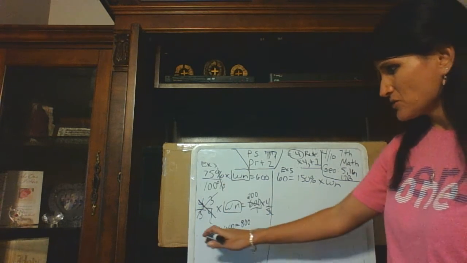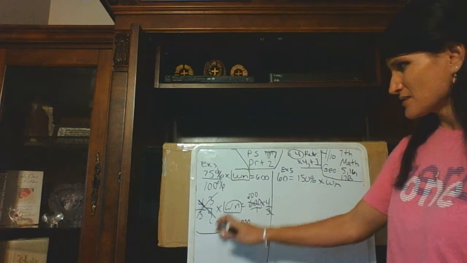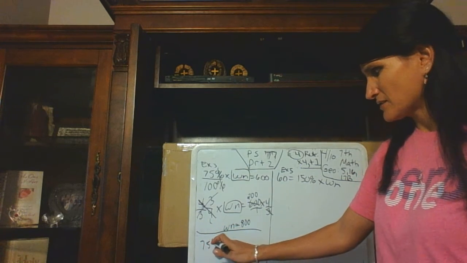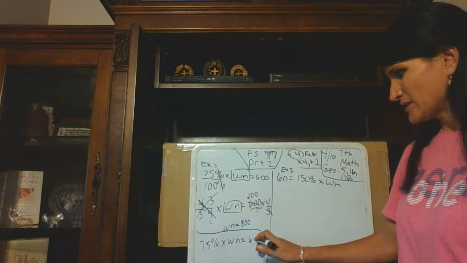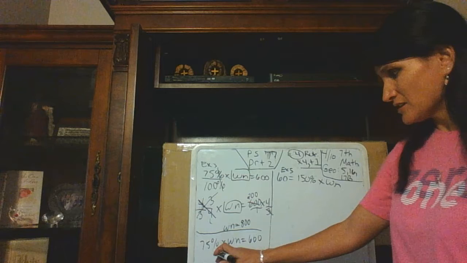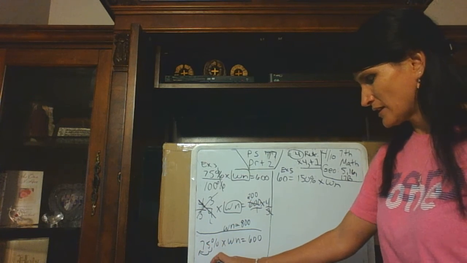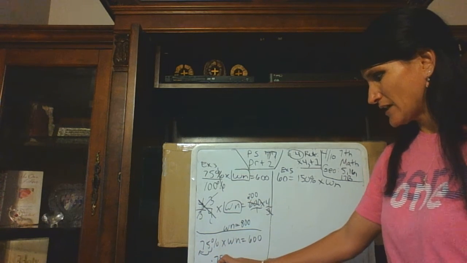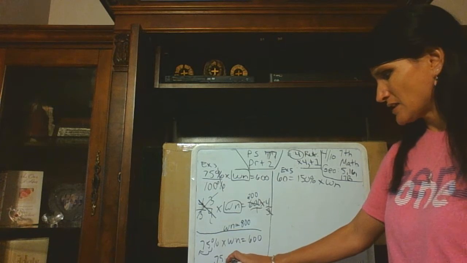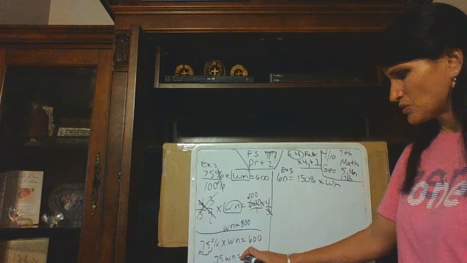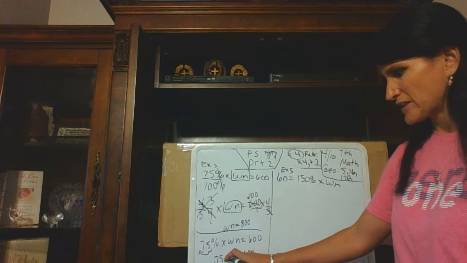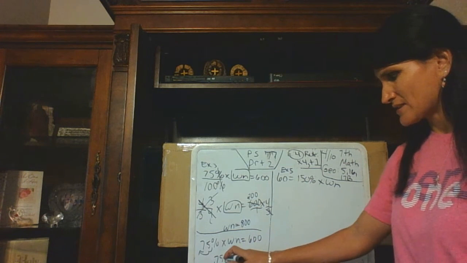Now I wanted to show you that you could take this equation, 75% times what number equals 600, and you could make this a decimal and say 0.75 times Wn equals 600. Notice I didn't put the times symbol because we know when numbers and letters are next to each other, it means multiply, so it's the same thing.